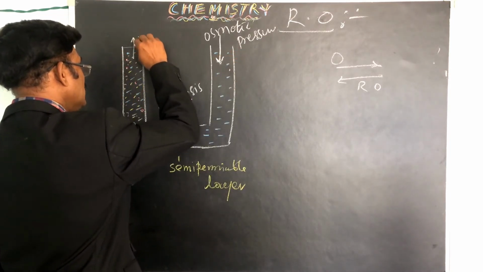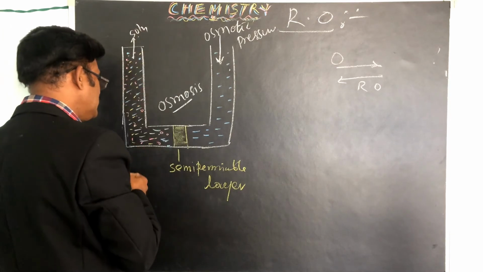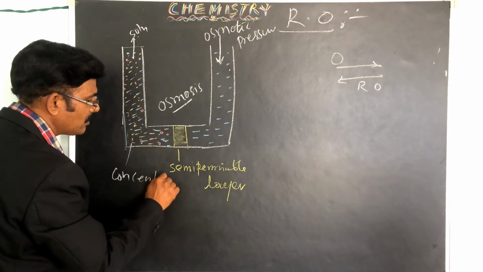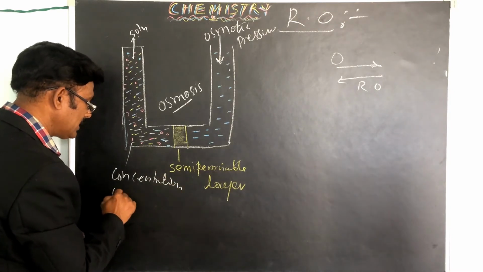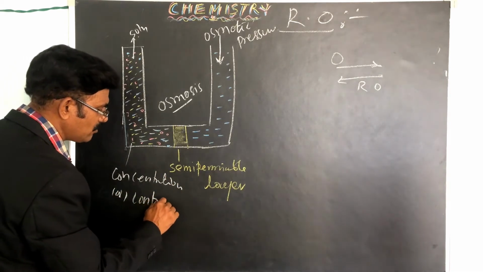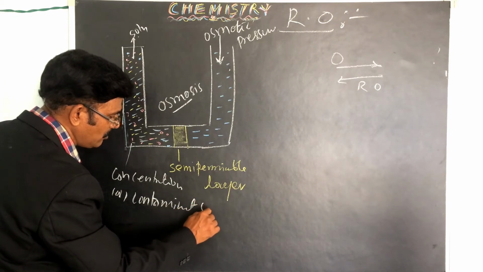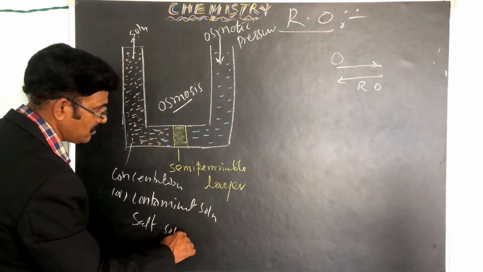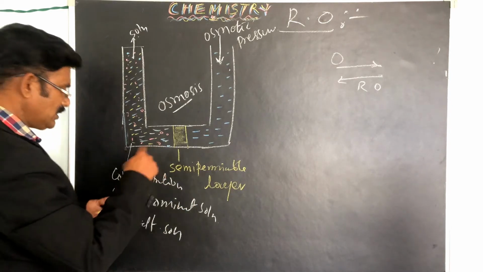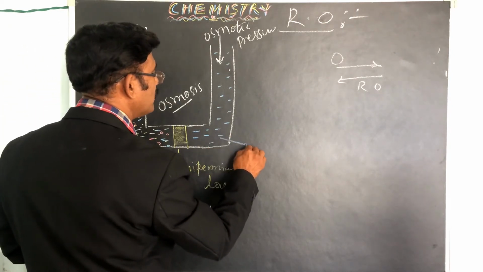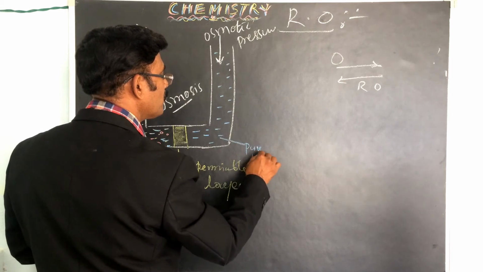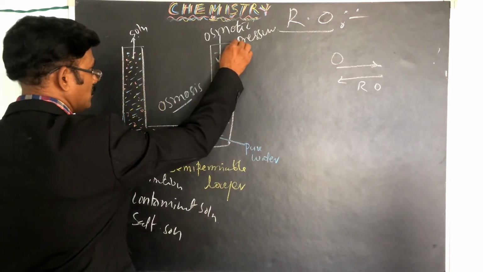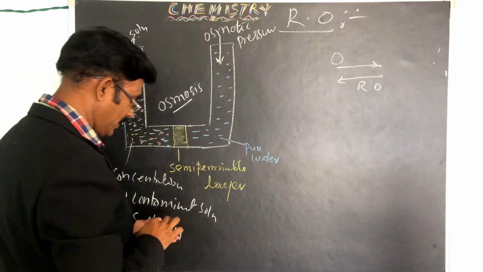And this is the concentrated solution, or contaminant solution, or salt solution. And this is the pure water. Okay, so this is the osmosis diagram.